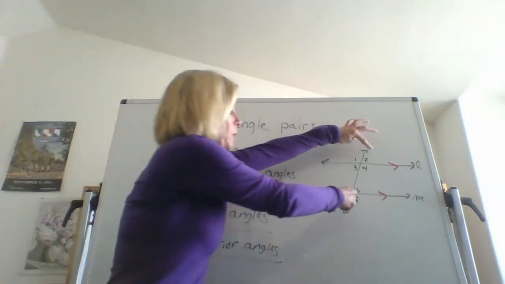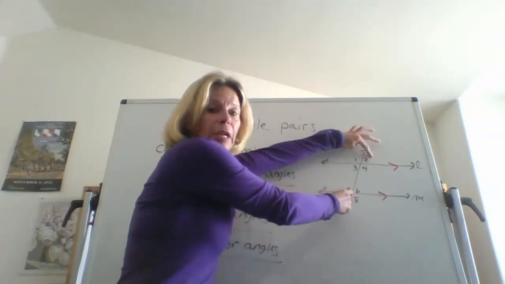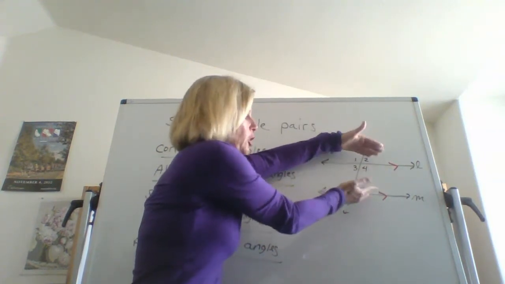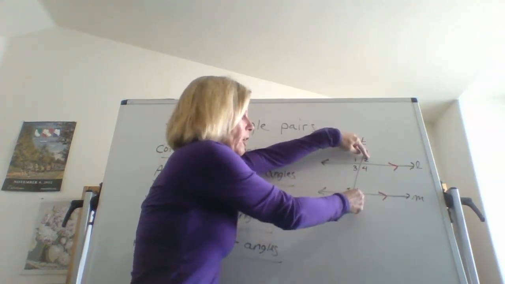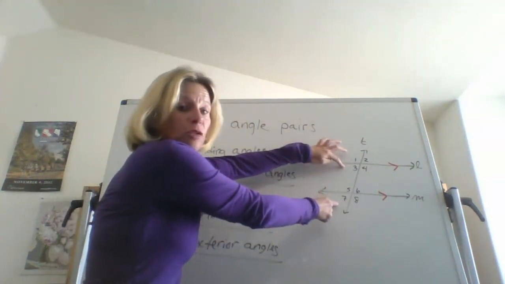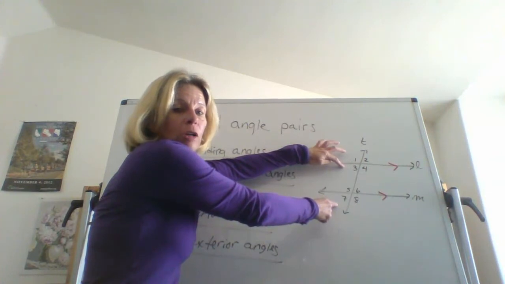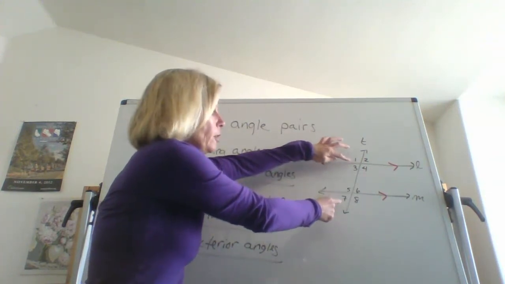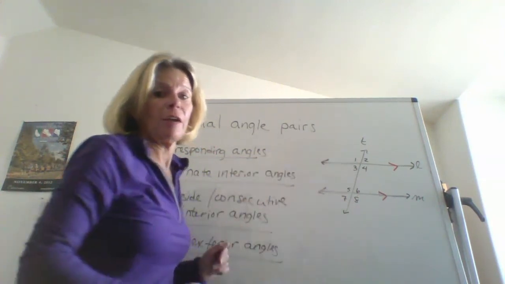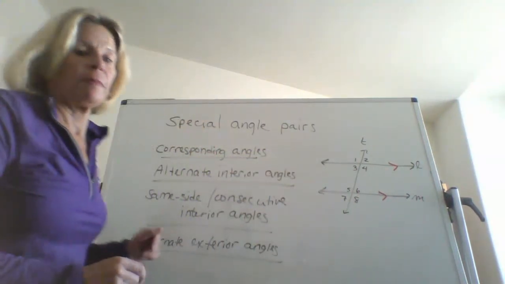So for example, angle 2 and angle 6 are corresponding angles. They're both on top of one of the parallel lines and to the right of the transversal. Angle 3 and angle 7 are corresponding angles. They are both below the parallel lines and to the left of the transversal.